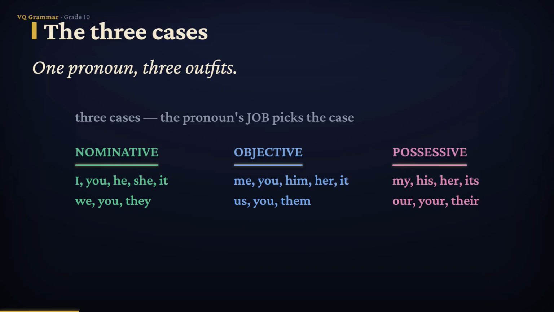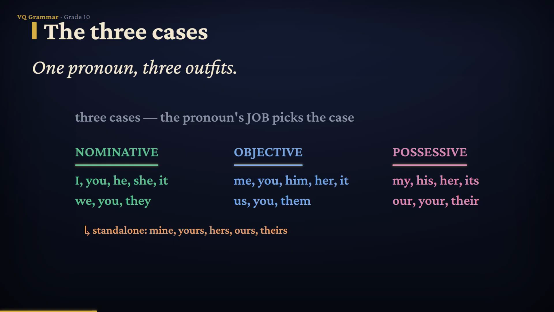And the possessive case gives you my, his, her, its, our, your, and their, plus the standalone forms mine, yours, hers, ours, and theirs, the ones that can sit alone at the end of a sentence.